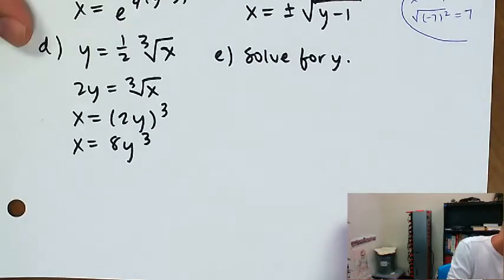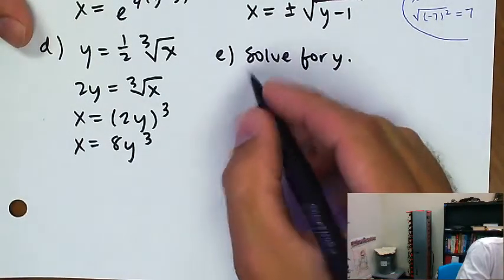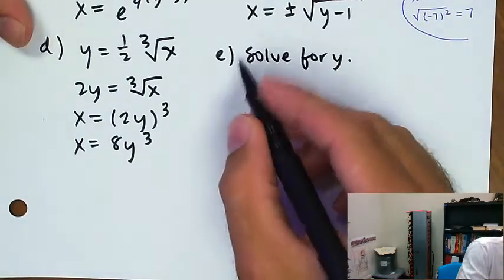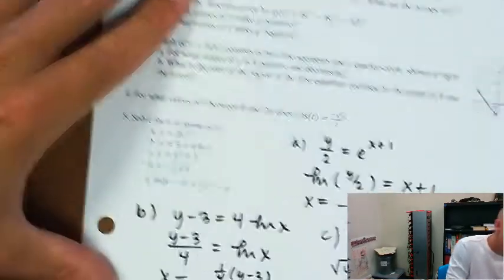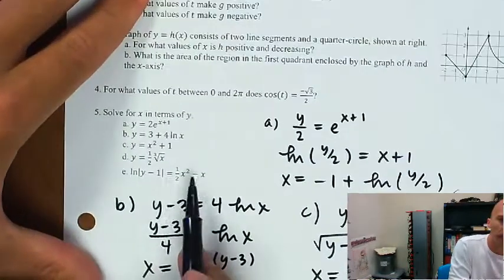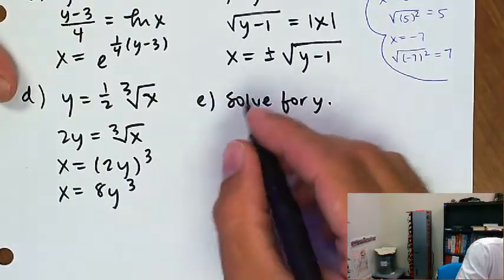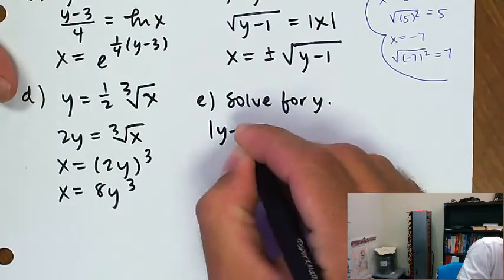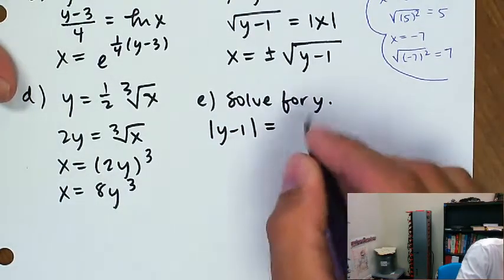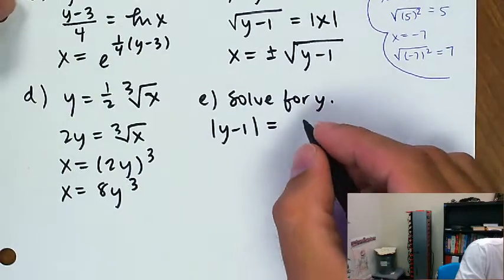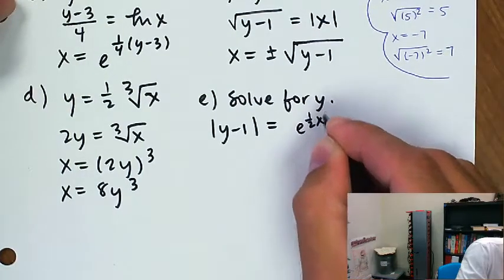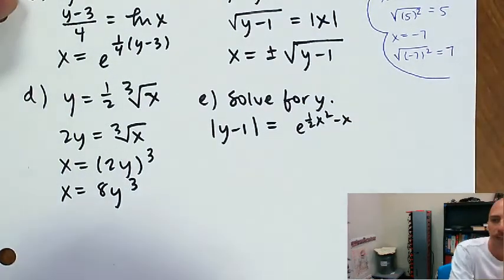I'm going to need to go up here. So if I've got the absolute value of y minus 1 equaling 1/2 x squared minus x, the first thing I'm going to need to do to get at y is get rid of the natural log. So I'm going to take e to both sides' power. So the absolute value of y minus 1 is equal to e to the 1/2 x squared minus x, all in the exponent.